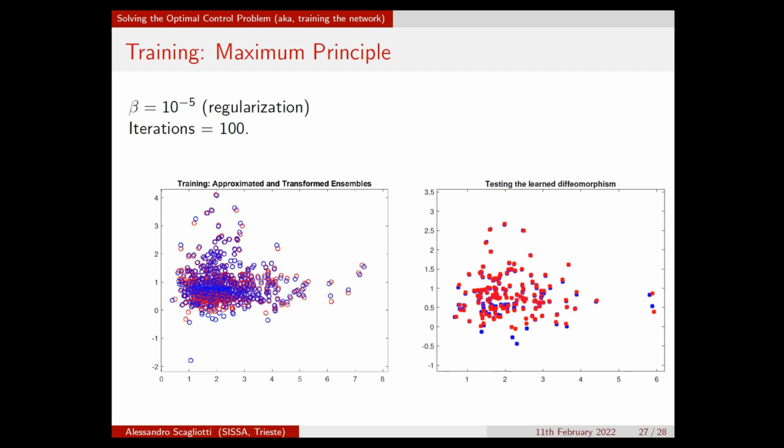The blue dots are the transformation of the known diffeomorphism on the same data set, while the red dots are the transformation provided by the diffeomorphism approximated by the maximum principle algorithm.